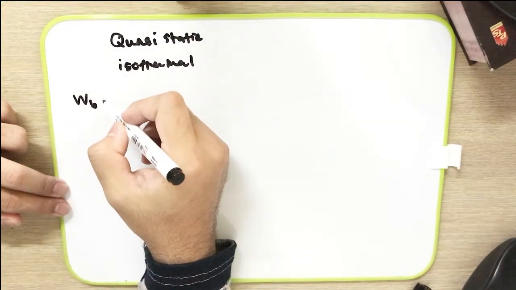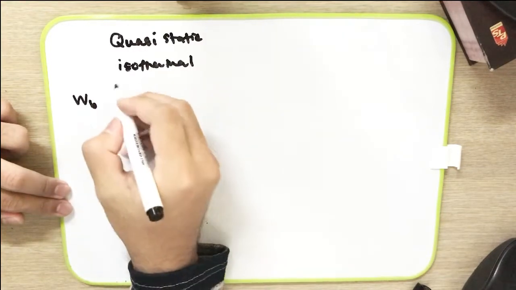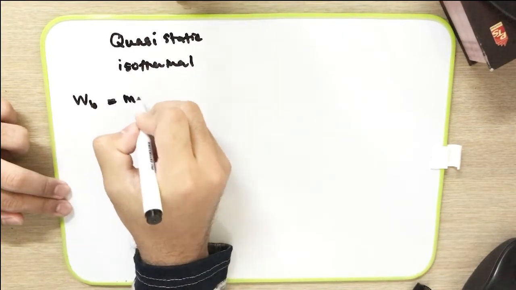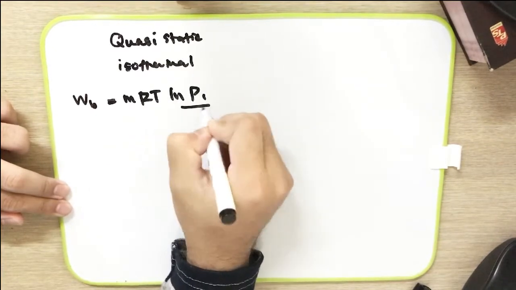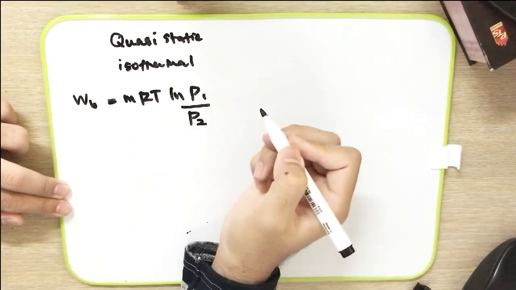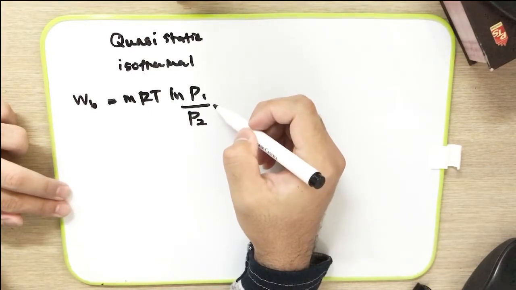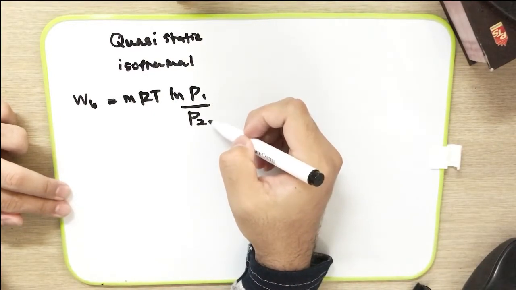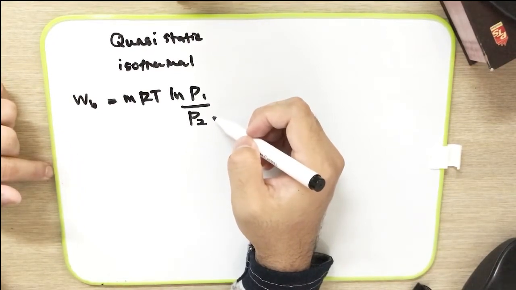We have to use the boundary work equation for isothermal process, which is mRT ln P1 over P2. Because we are given the pressure for both state P1 and also P2, it is better we use this boundary work equation.